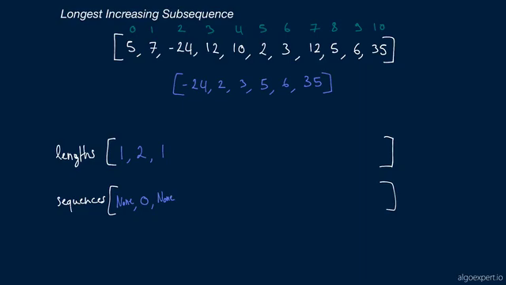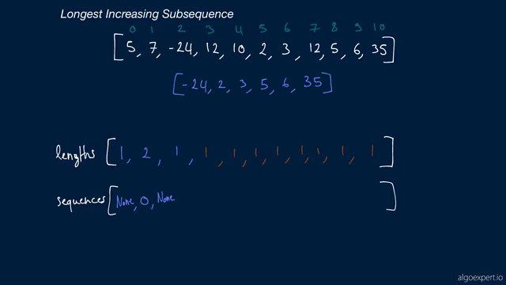So I'm going to initialize this array to a bunch of 1s, spread out so they fall right under our input array: 1, 1, 1, 1, 1, 1. And in our sequences array, we could initialize this to a bunch of none values. I'm not going to write that right now because it would take a long time to write none a bunch of times, but you get the idea.